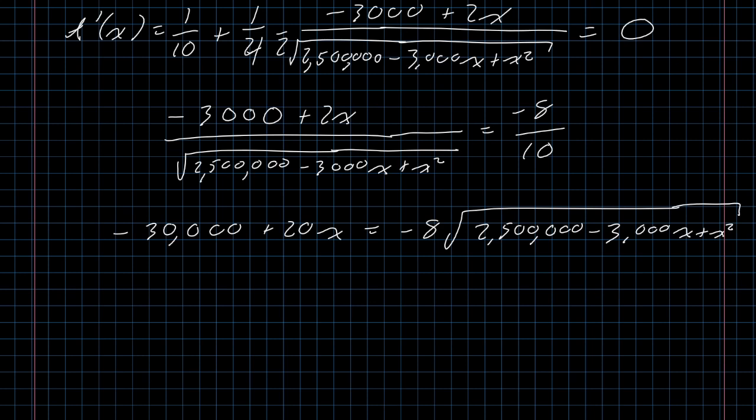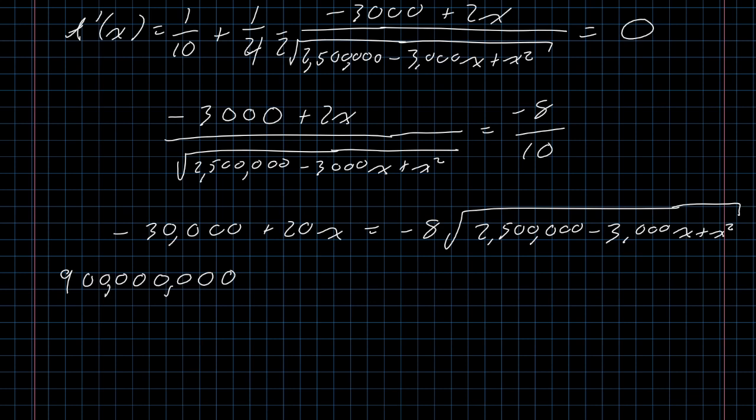And then get rid of the square root by squaring both sides of the equation. All right, negative 30,000 squared is positive 900 million.